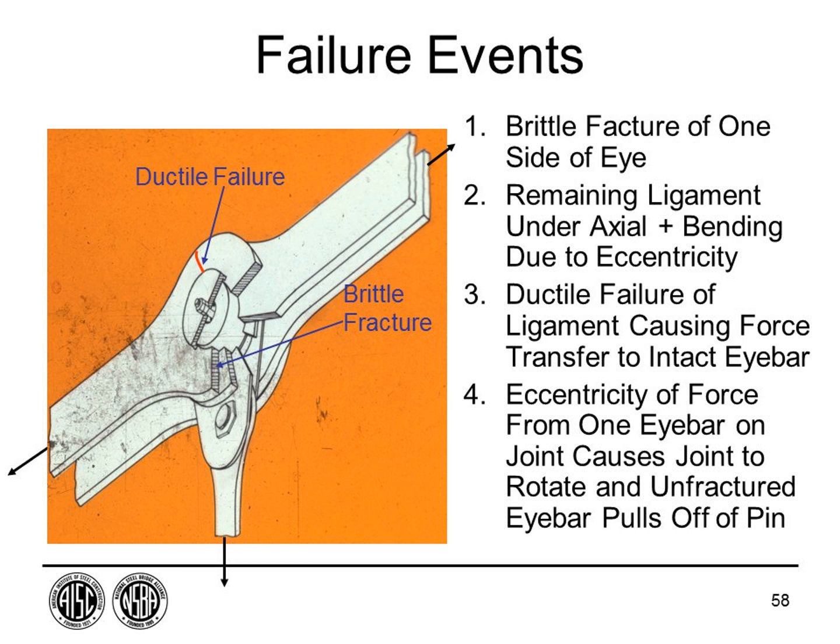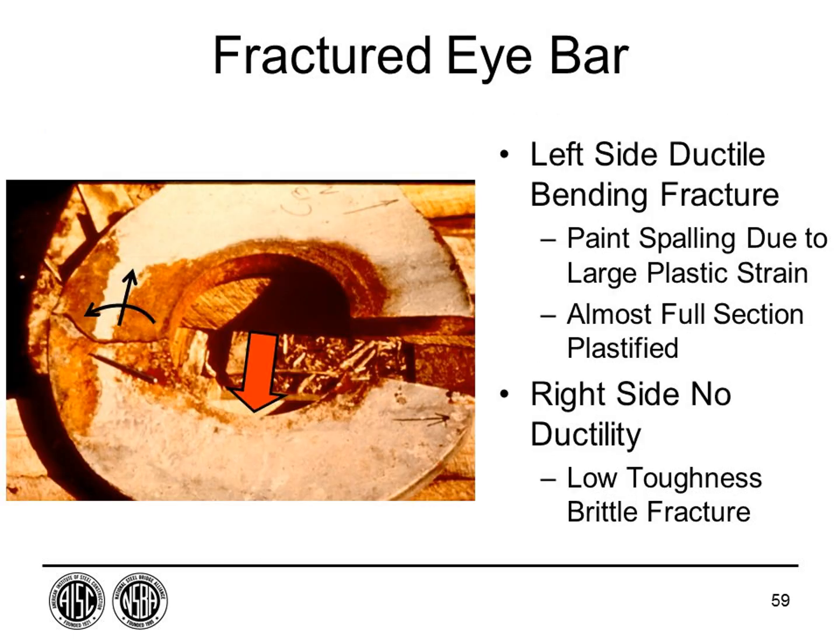The investigation was very thorough, and they had to go down and pull the bars up out of the river. And this is the eye-bar that caused the failure. And what they've done is put this part of the fracture together, to show you how much this side opened up before we got this fracture over here.